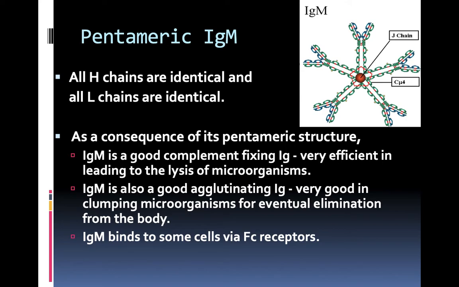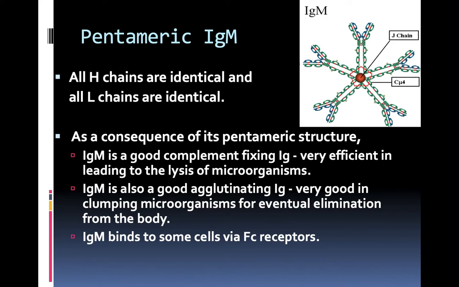The pentameric nature also provides us a lot to ponder about the behavior and activity of IgM. As a consequence of the pentameric orientation, a few things can be carried out by IgM. It's a good complement fixing antibody, very efficient in leading to cell lysis by means of complement activation, primarily because we have many antibodies, more than two; it's not only a dimer but a pentamer.